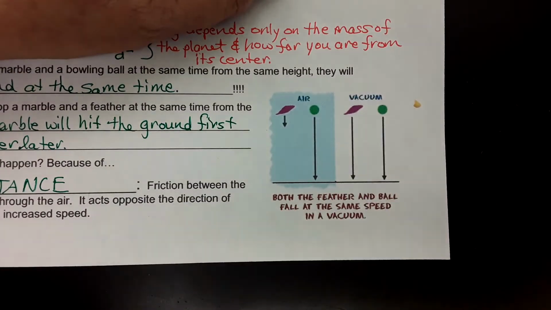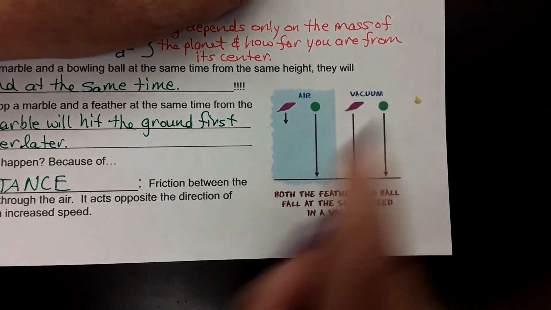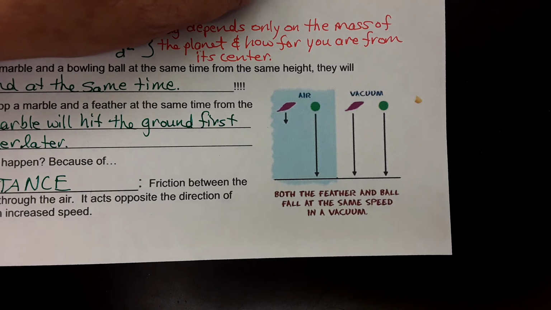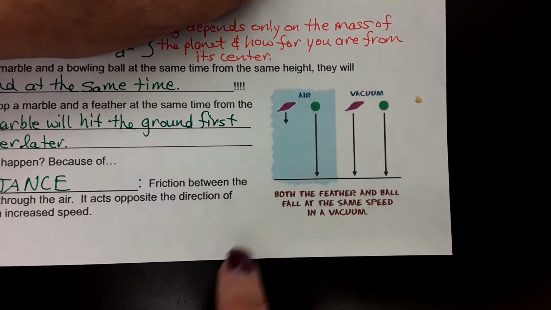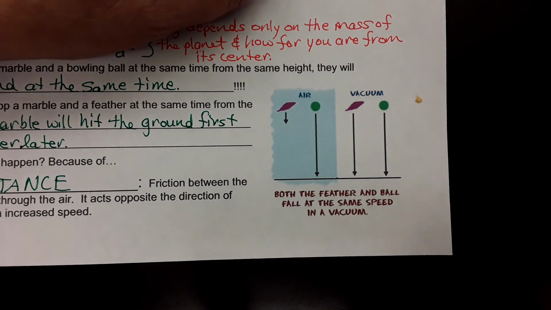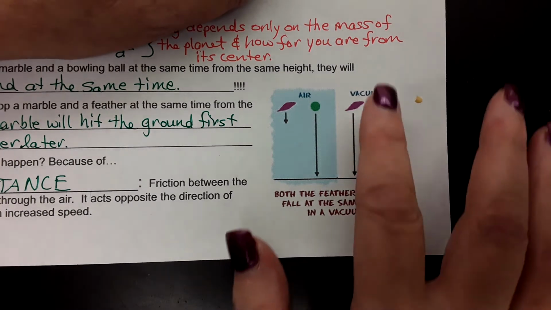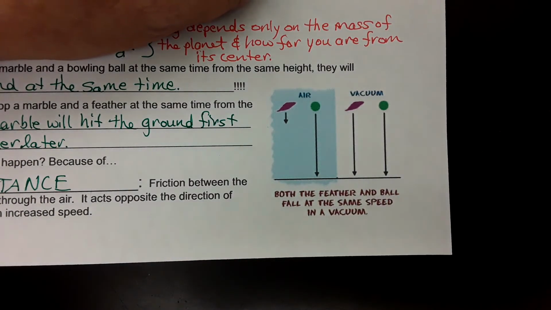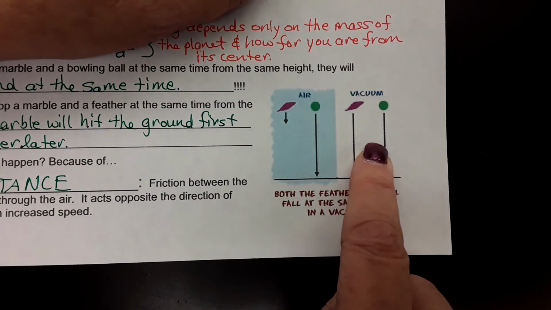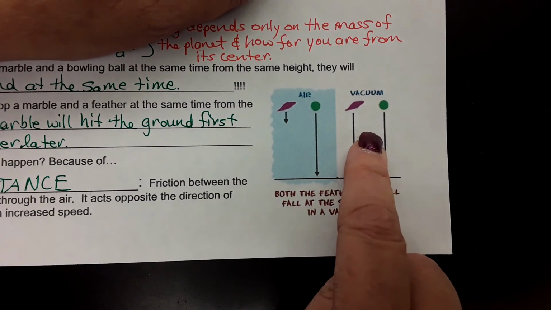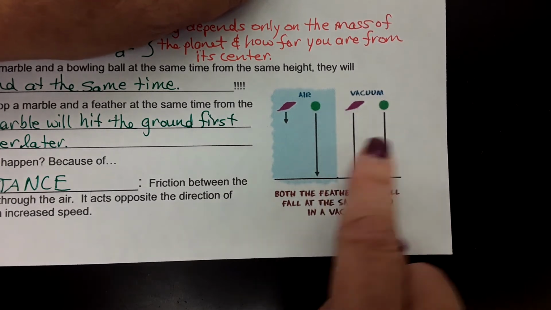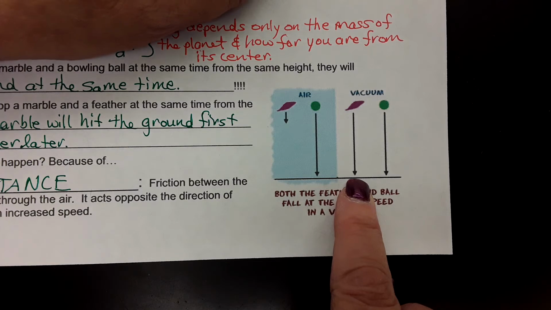Now, what if we took our feather and marble to the moon? The moon is a smaller planet, so it doesn't have as much gravity as Earth, but it doesn't have an atmosphere, does it? So on the moon, in a vacuum with no air resistance, guess what?